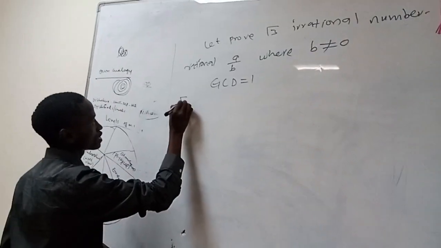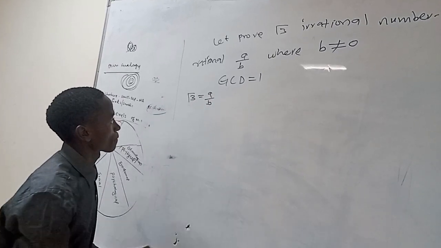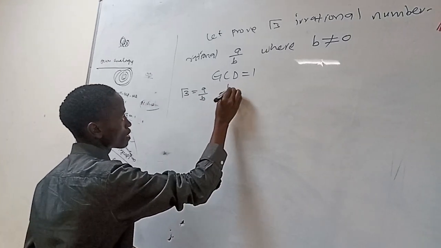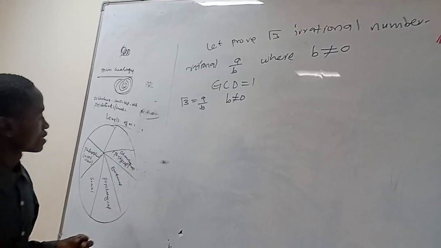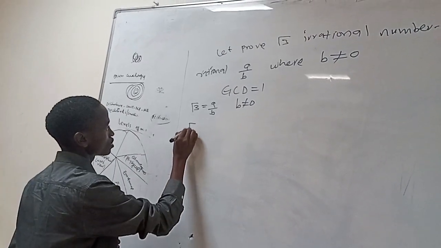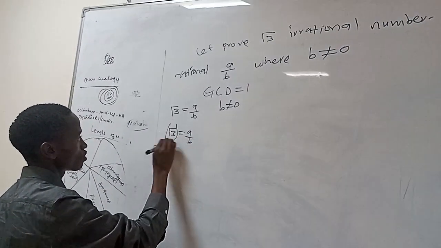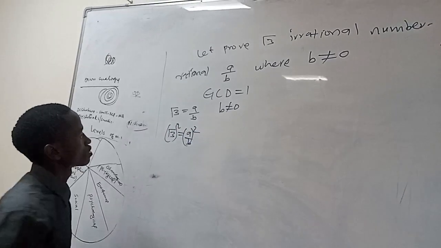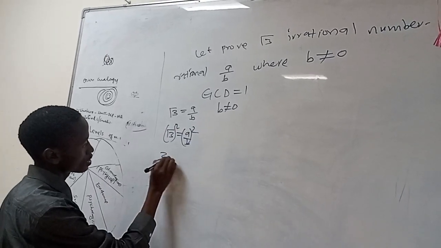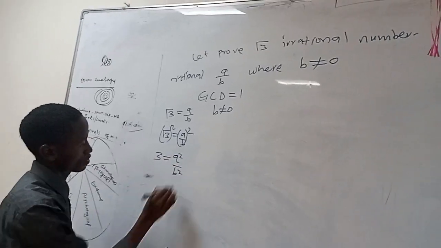it means you can write root 3 as a over b, and we are saying that our b should not be equal to 0. So what do you get? You get root 3 is equal to a over b, then you just square both sides to remove the root, so that 3 is equivalent to a squared over b squared.